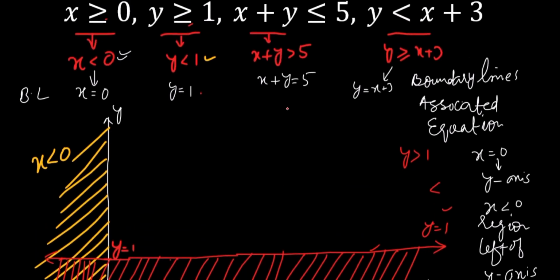The next inequality is the inequality in two variables, that is x plus y greater than 5, and its boundary line is x plus y equal to 5. In my previous lectures, I have completely discussed how we can draw the graph of two variable inequalities.